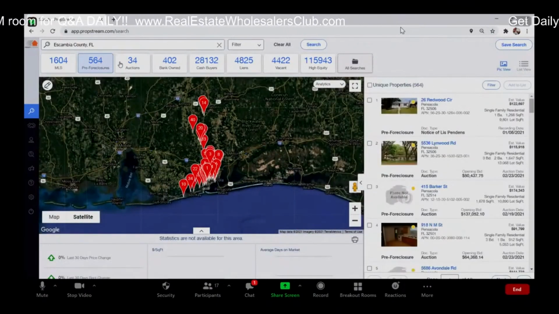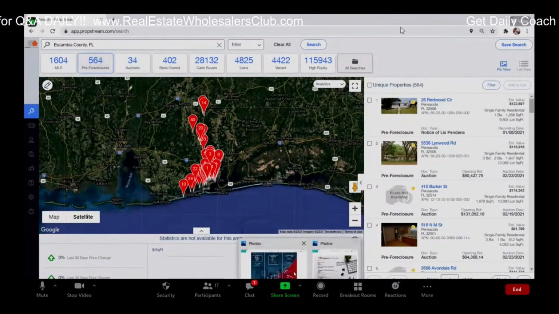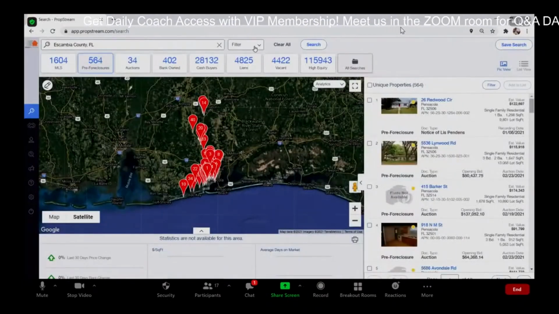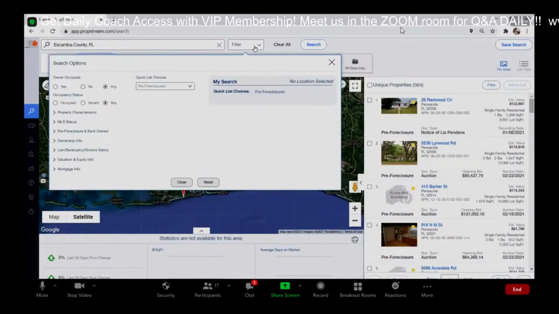So we chose a list. Now we want to stack, right? We're looking for not just a pre-foreclosure, we want one at the highest level of motivation that we can find. So we have other categories here. For example, I can take that pre-foreclosure and increase that motivation by looking for a pre-foreclosure with a bankruptcy. To do that, I would click on pre-foreclosure, go into the filter and apply the simple stuff that I like.